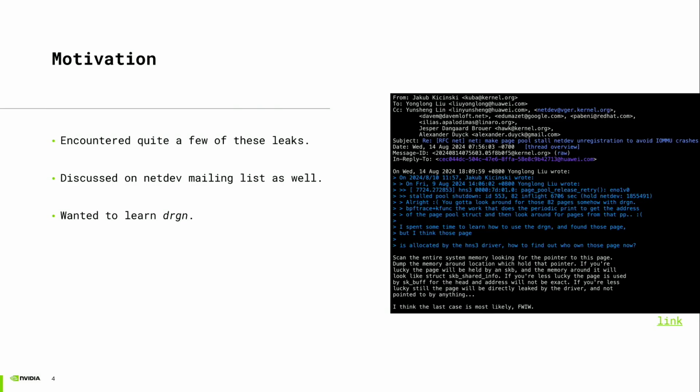There were also discussions upstream, saying yes, this can be done, the mail is right there, these are the precise steps, but no one showed it. I wanted to have this for other people, since I didn't have it at the time, and it's good to have this information in a talk. And I also wanted to learn Drgn.